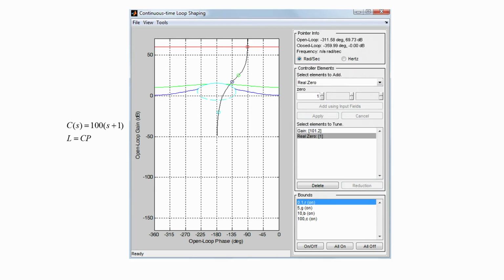So once we choose a 0 at s is equal to plus 1, this can be done in an interactive manner. We see that the Nichols plot has moved to the right, but it still passes through this forbidden circle within which the loop gain should not pass in order for the transmission function's maximum value to be less than or equal to 3 dB.